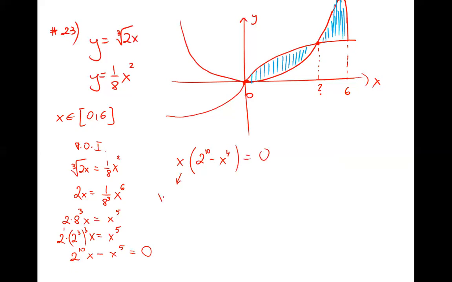And now we can see x is 0, or x to the power of 4 is 2 to the power of 10. Which means that I can take the square root of both sides. This will become 5. Am I correct? Oh, something is wrong. This is actually 6.